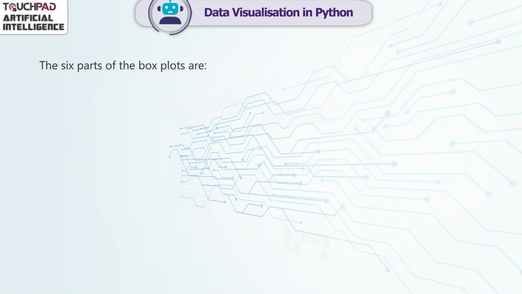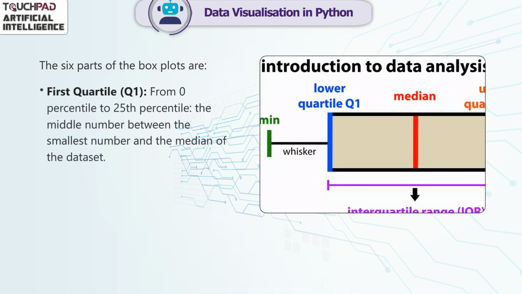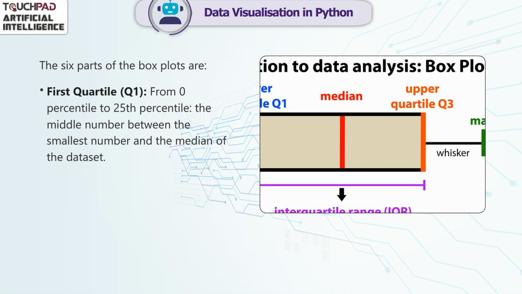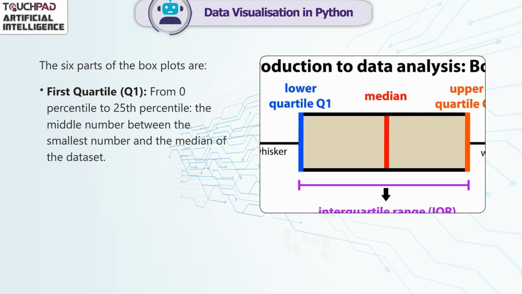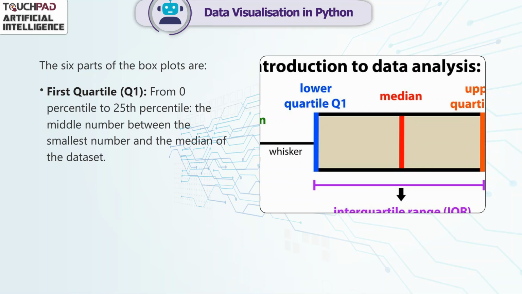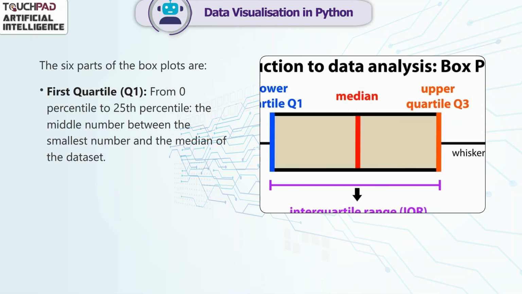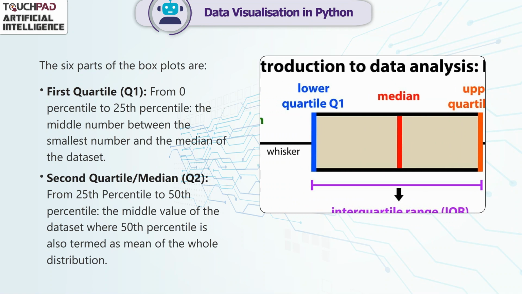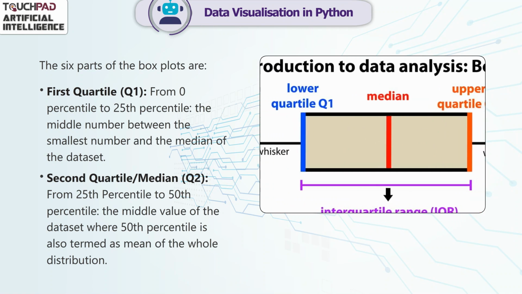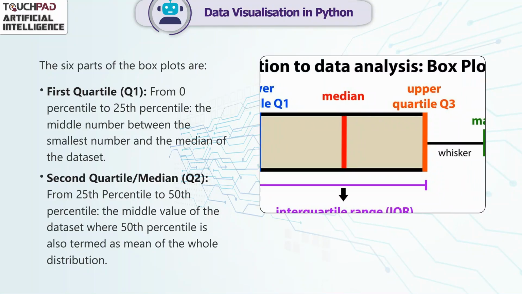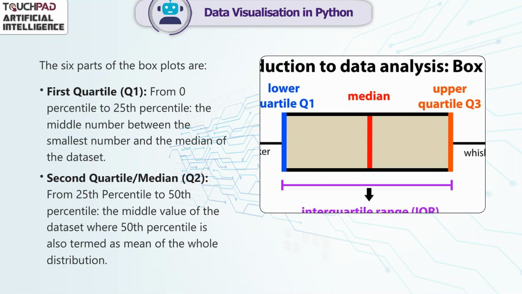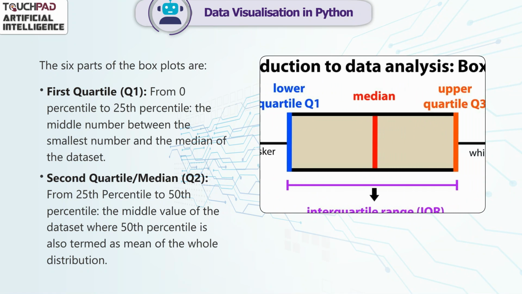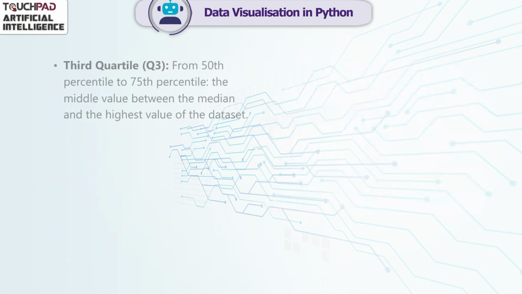The 6 parts of the box plots are: first quartile, Q1, from 0 percentile to 25th percentile, the middle number between the smallest number and the median of the data set. Second quartile, or median, Q2, from 25th percentile to 50th percentile, the middle value of the data set, where 50th percentile is also termed as mean of the whole distribution.